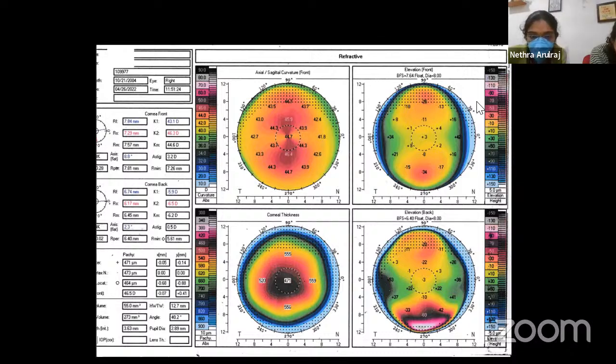Quite sometimes you do get thin corneas, which need not always be abnormal. So this looks like a patient with astigmatism. So it's like a normal astigmatic cornea with a thin cornea as of now, right? Yes. Yeah. So we should look at the BAD indices.